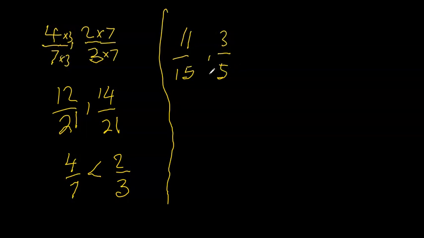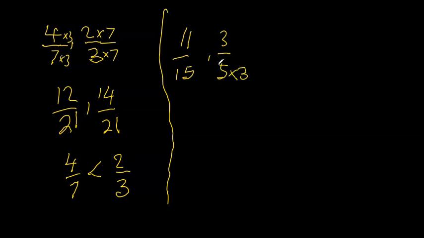So for my common denominator, I choose the bigger number, right? Which is basically a multiple of the smaller number. So if I multiply this by 3, it takes me to 15, which is the common denominator.